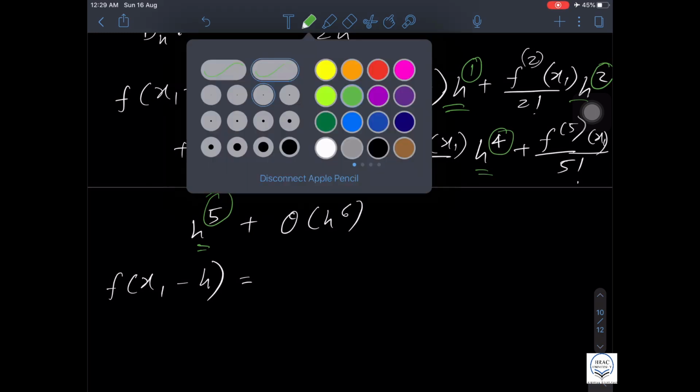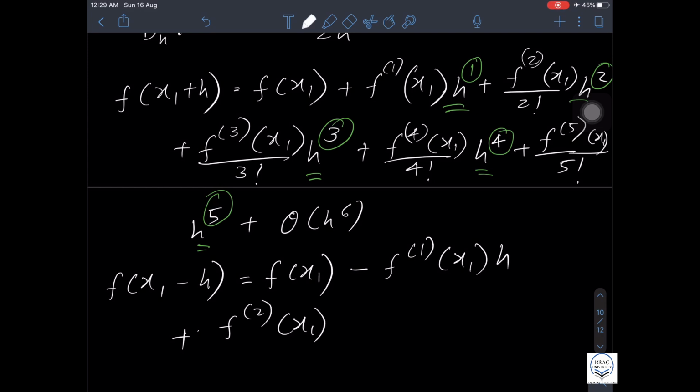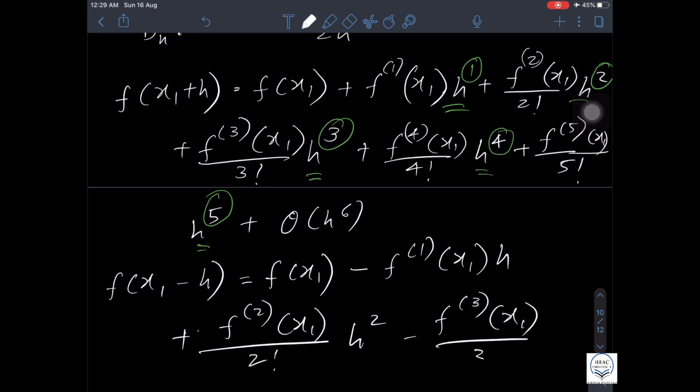All right, so you can easily see that this will be f of x1 minus f1 of x1 h plus f2 of x1 by 2 factorial h square. There's no change of sign because it's an even power. Then you have a minus f3 of x1 by 3 factorial h cube.